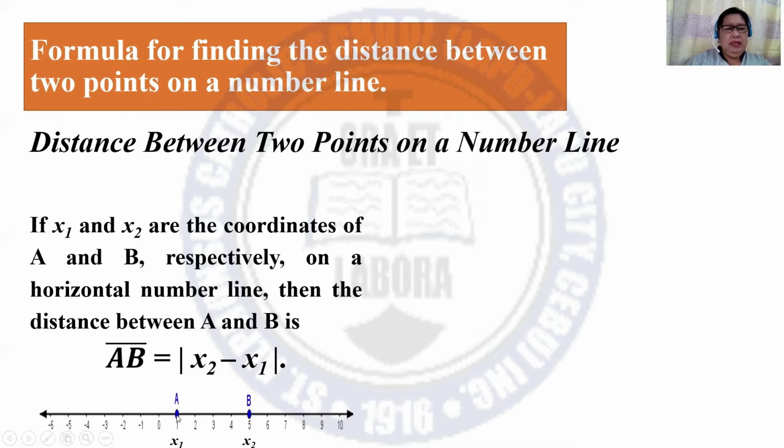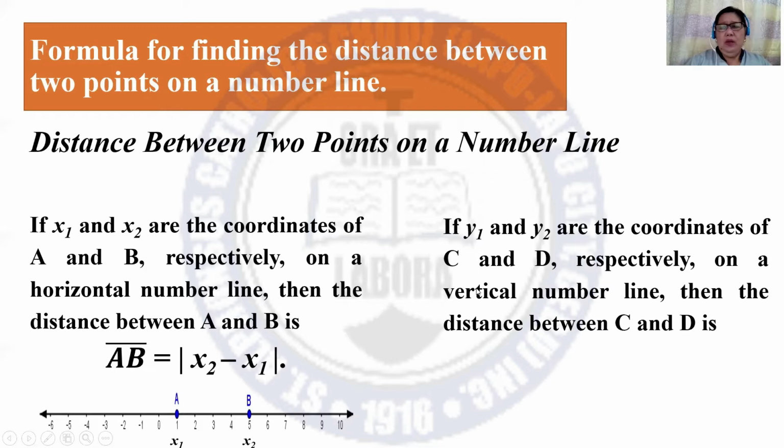If y sub 1 and y sub 2 are the coordinates of C and D, respectively, on a vertical number line, then the distance between C and D, denoted by segment CD, is equivalent to the absolute value of y sub 2 minus y sub 1.